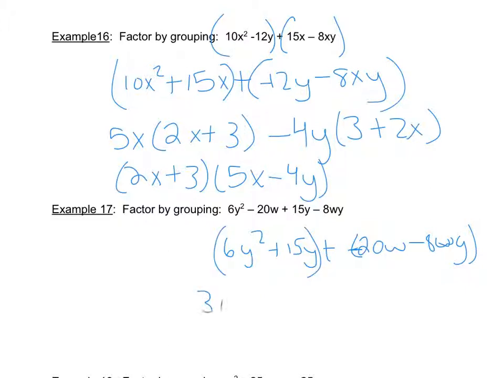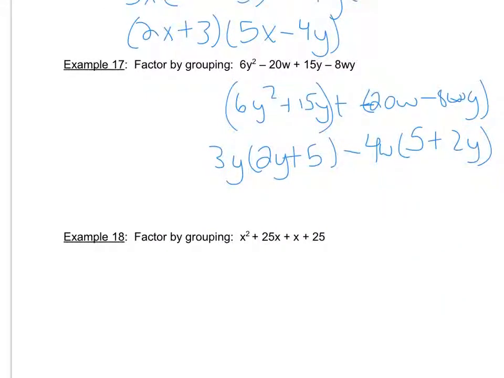Factor out 3y. You get 2y plus 5. Factor out negative 4w, and you have 5 plus 2y. So again, that's the same thing. So you pull out the 2y plus 5. You're left with 3y minus 4w. Okay? So let's do another one here.